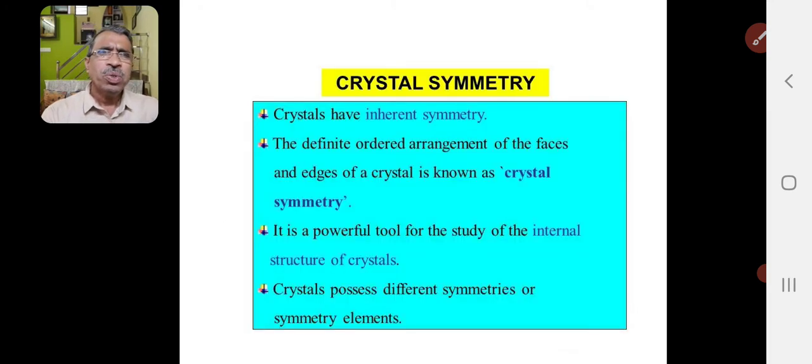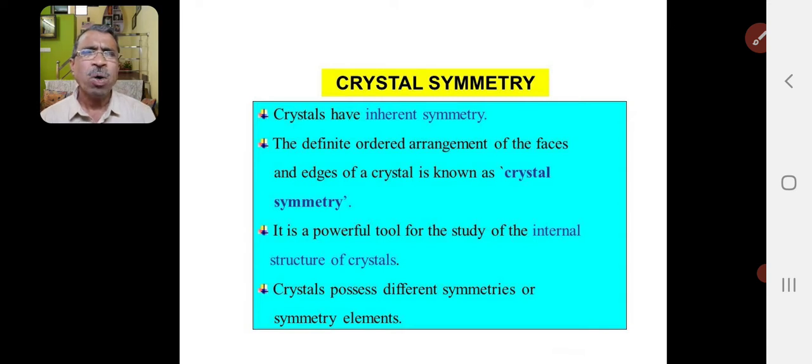So, in brief, what I have said about crystal symmetry is that crystals have an inherent symmetry. Because of that symmetry, the crystals are highly stable.